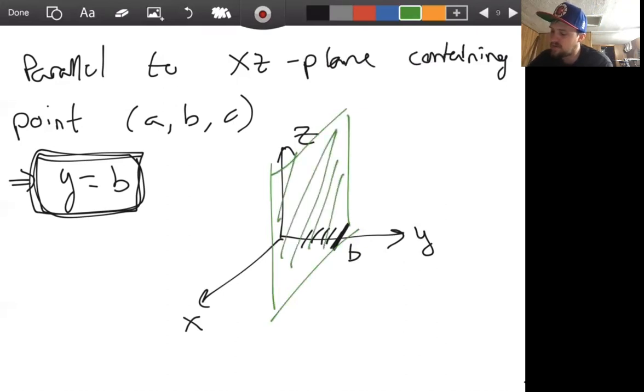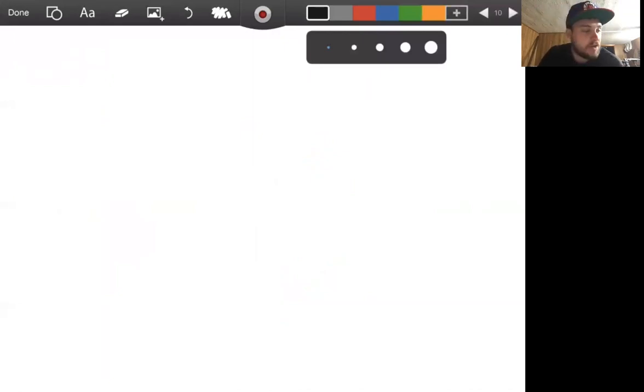This equation tells me nothing about X and Z, which means there are no restrictions on X and Z. The only thing I require is that I am in this slice at Y equals B, and that gives me some plane.